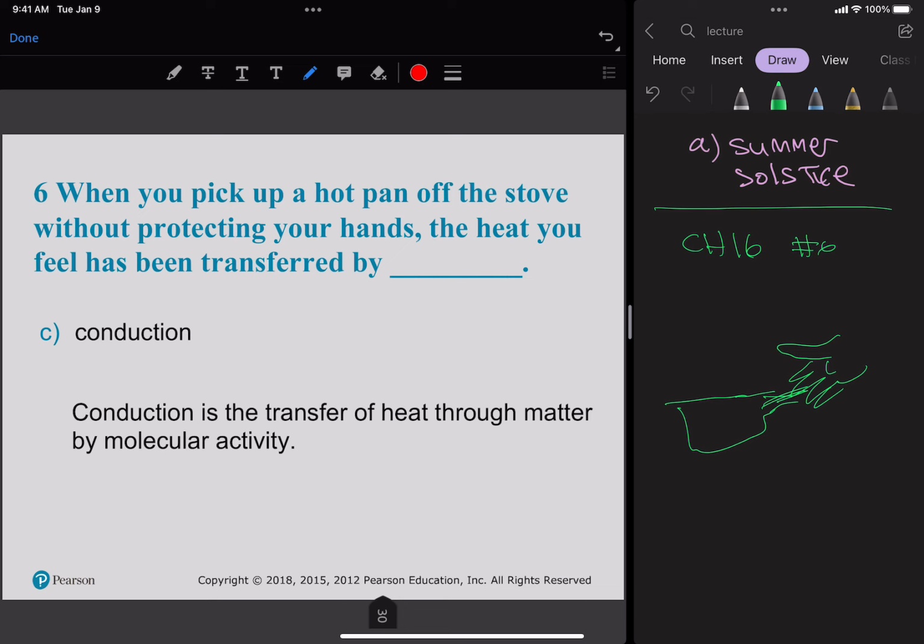By the contact, that's conduction. You should also be familiar with the other modes of heat transfer. But for this one, heat transferred by direct contact is called conduction.